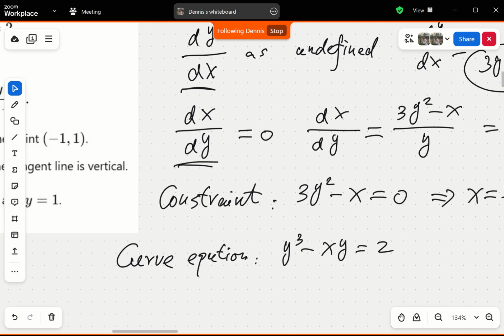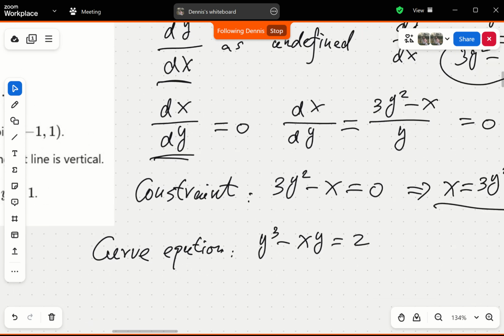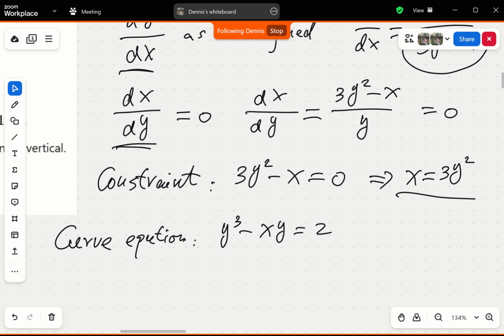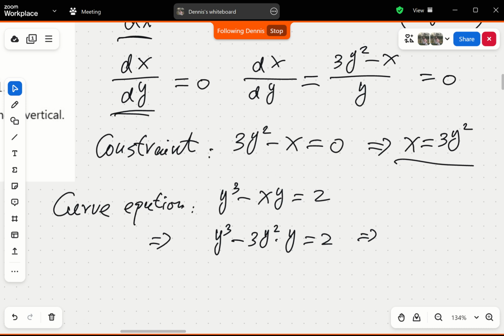So we just substitute x = 3y^2 into the curve equation, as this is also a constraint on the point of tangency. So we'll have on the left-hand side y^3 - 3y^2 times y, which is just -2y^3, and the right-hand side is 2.